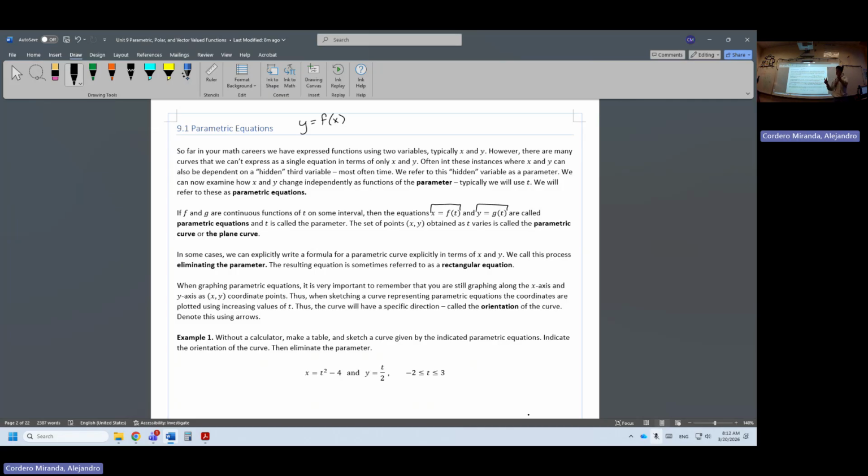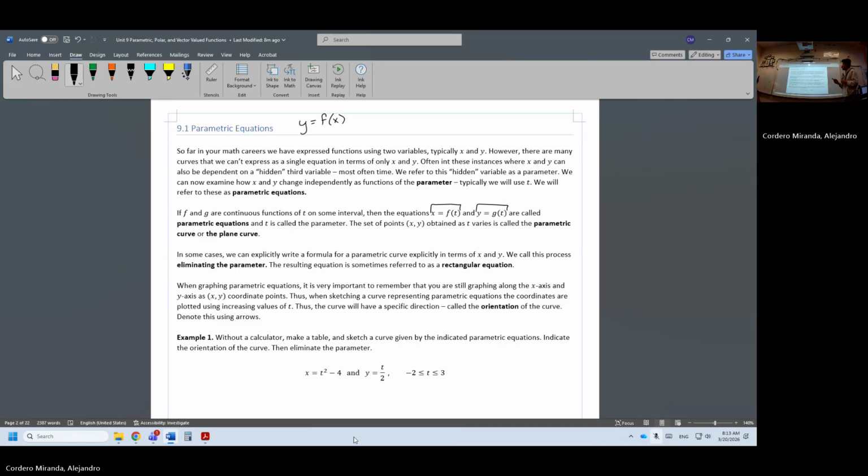You figure out how those two are interacting by themselves, and then you graph them together, and you'll see what I'm talking about when we do an example. x will have its own function, y will have its own function, so they'll both behave in weird ways, and together they'll behave even weirder. Those are called parametric equations, and t is called the parameter.